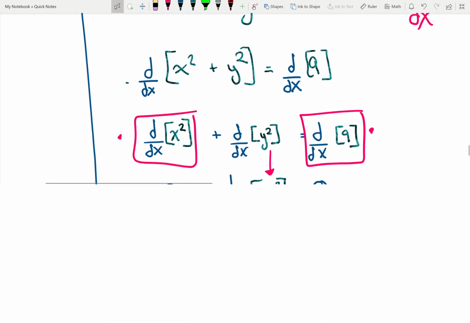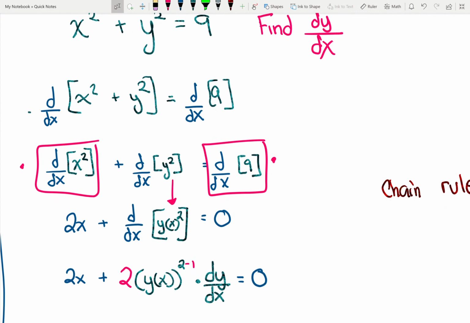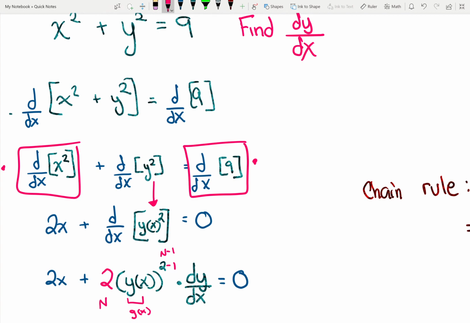So when we're differentiating y of x squared, we're going to use the chain rule. So this is n, this is n minus 1. This guy right here is g of x. And now I'm multiplying it by this guy right here, g prime of x.